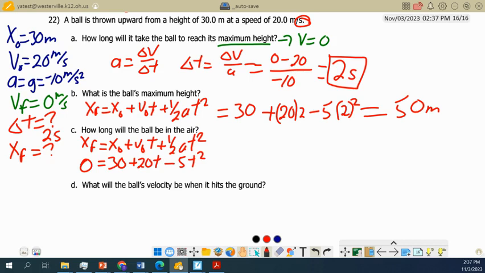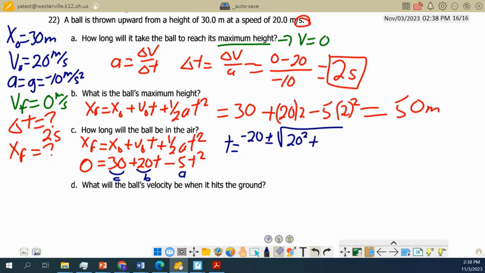Okay. So let's plug this into our quadratic equation. Remember, the a is the coefficient for the t squared. The b is the coefficient for the t. And the c is the one that doesn't have a t. Time equals -b, so that's -20, plus or minus the square root of b squared minus 4ac.